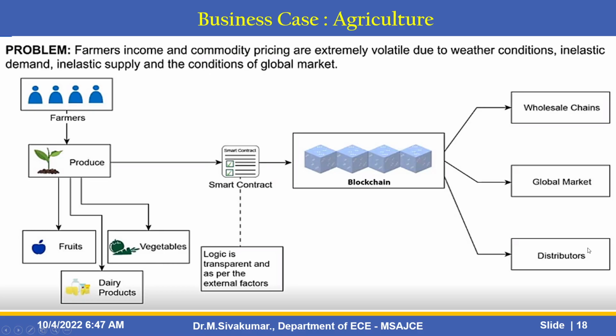Like the previous example, these are the end user side. You can see the smart contract created, and with it you can overcome the problem of farmers' income and commodity pricing being affected by weather conditions, inelastic demand, and inelastic supply.